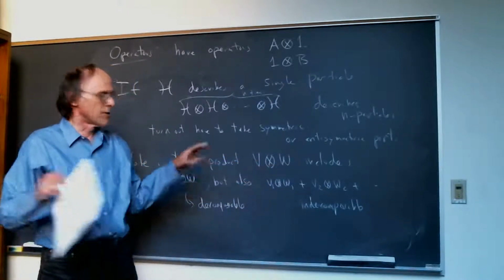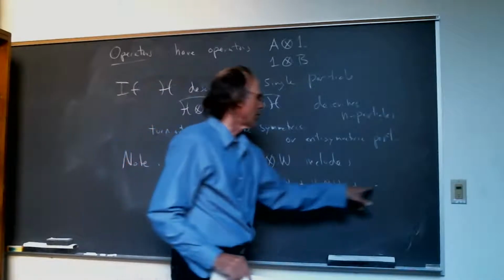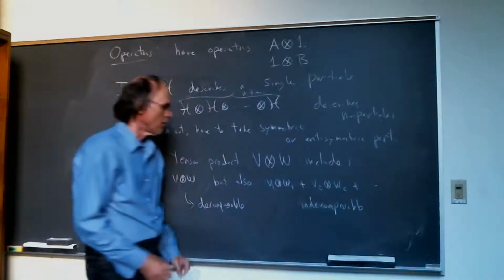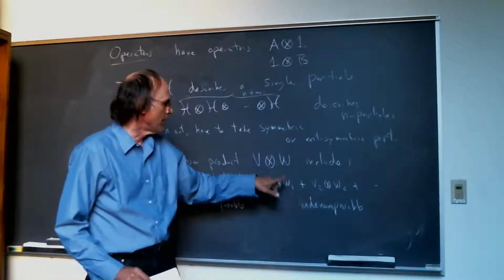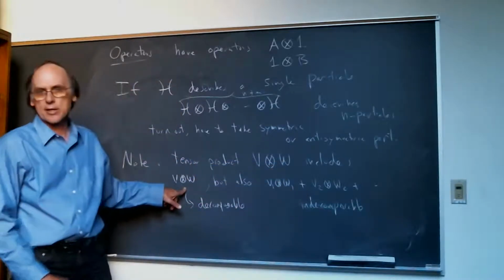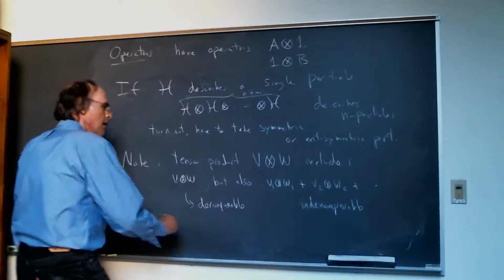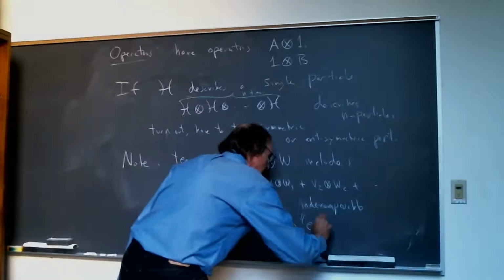You can do two such things and add them, or as many as you want. And in general, if you do this construction, you can't write a typical thing in here in this way. And the things like this are what are called entangled.